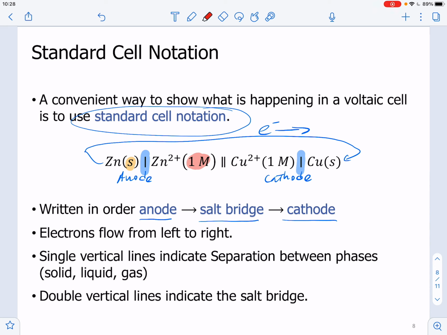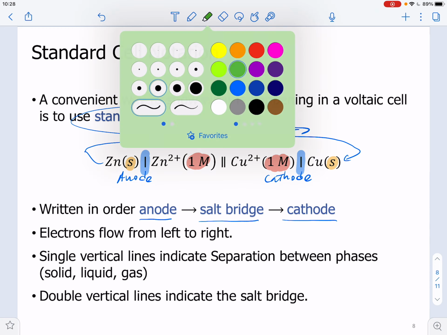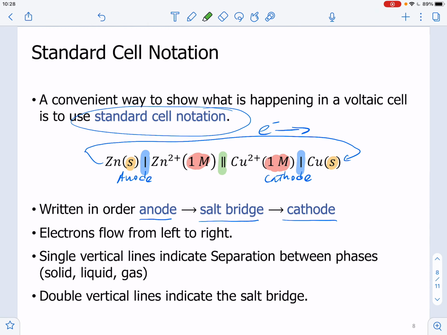Same thing here, you have a solution here, but a solid there. And last but not least, you have a double vertical bar. You will always see that, and it represents the cell bridge. It's not only separating phases, but it's the one that is going to provide the flow of ions.